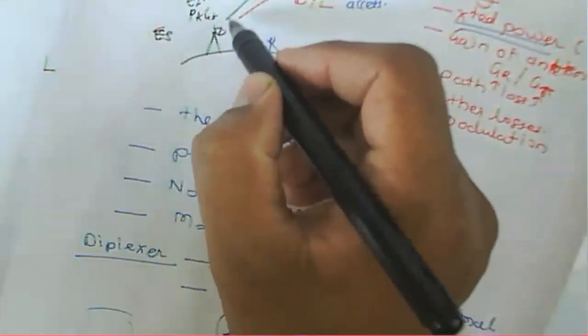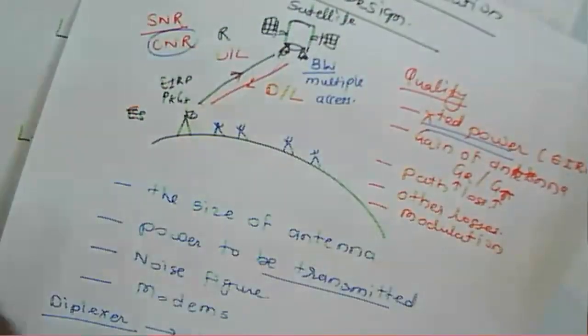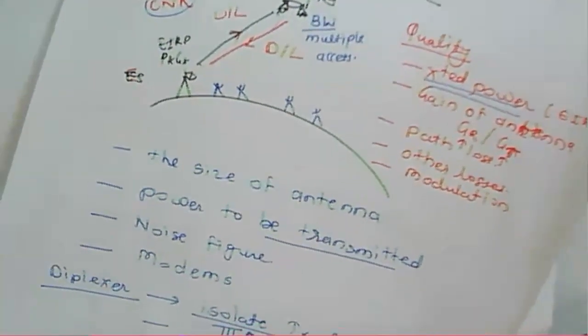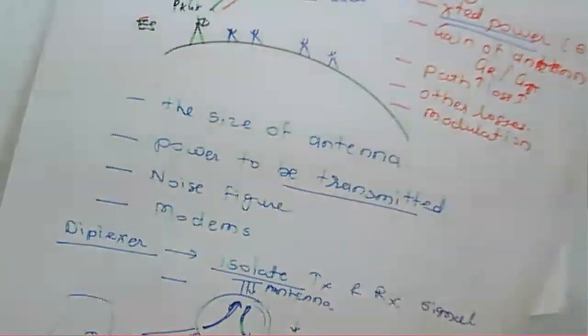That is just a loss that we consider, that is about a free space loss, or whichever path loss we have. That is about your path loss. Then we can find out what will be the link equation. What will be the link equation?